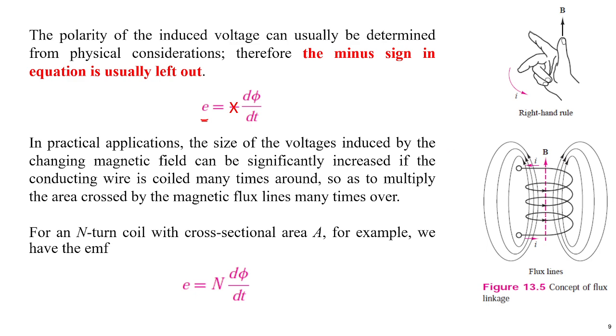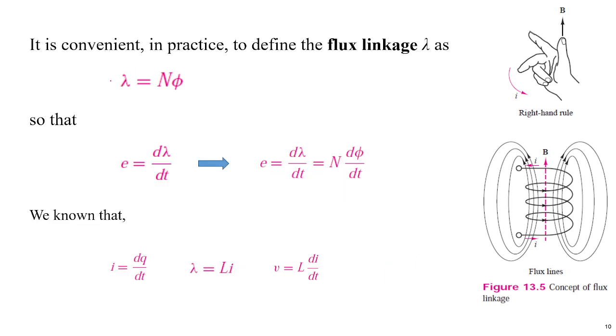Then if we have magnetic flux crossing many turns of coil, the number of turns would be N. The total flux, lambda, will equal N into flux, where this is flux per turn and this is total flux.